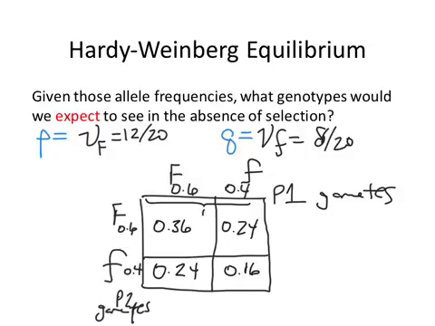Those are the relative frequencies. 0.36 out of 1. So about a third of the individuals should be big F over big F. 0.16, 16% of the individuals should be little f over little f. The rest should be heterozygotes, big F over little f, because those two genotypes are the same genotype. So you add 0.24 and 0.24. About a half of the individuals are going to be hets.